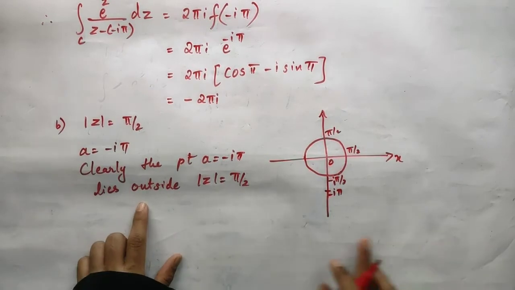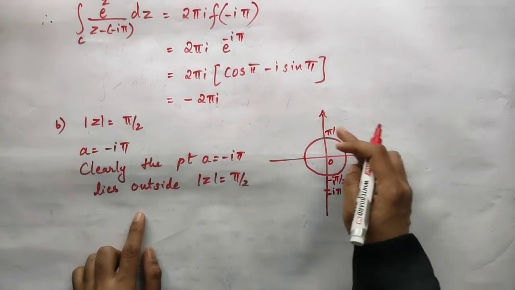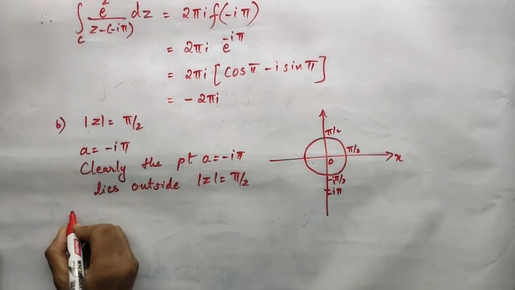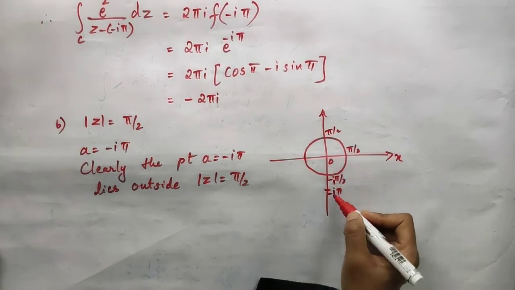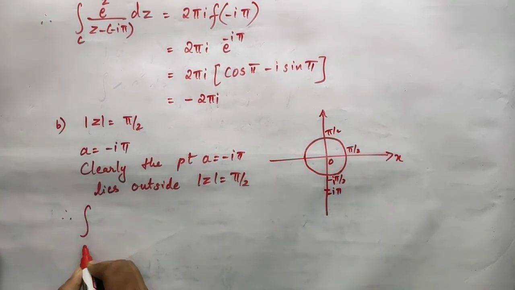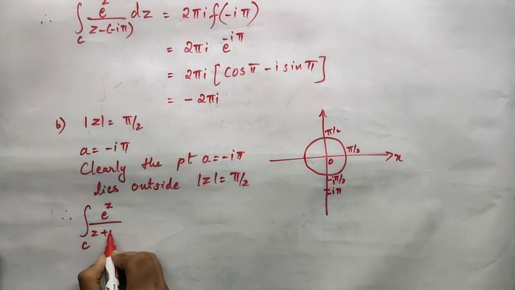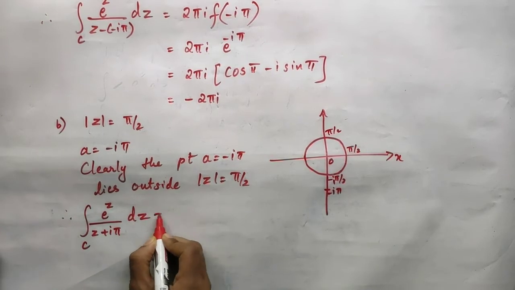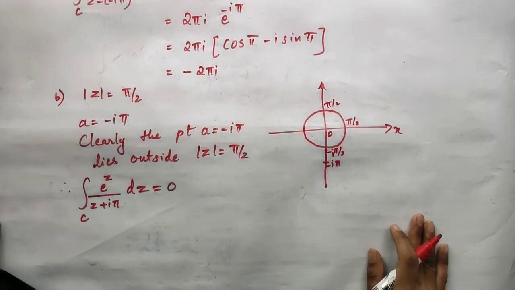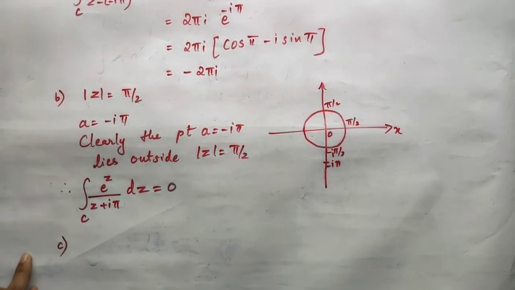So since it is lying outside the circle, and anyway on this complete curve it is 0 only, I mean according to Cauchy's theorem, we know that except this point, everywhere the function is analytic, yes or no? Therefore, integration over the curve C of e to the power z divided by z plus I pi dz, directly we conclude that it is 0, because the given point is lying outside the circle. Hence the solution. Let us solve the last part.